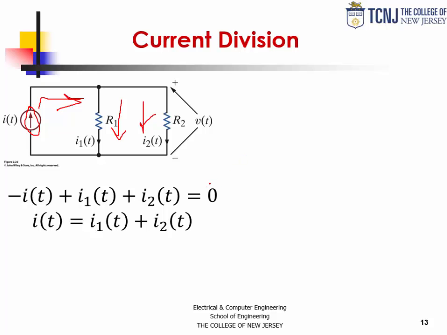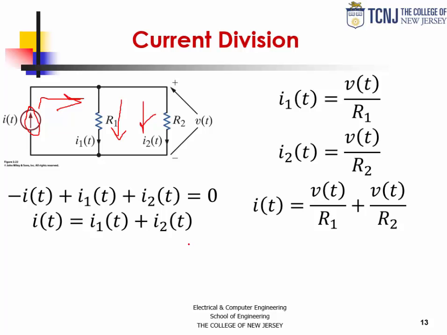That is an expression of Kirchhoff's current law for this circuit. Then I can isolate the total current, and it yields that the total current is the sum of the individual branch currents.